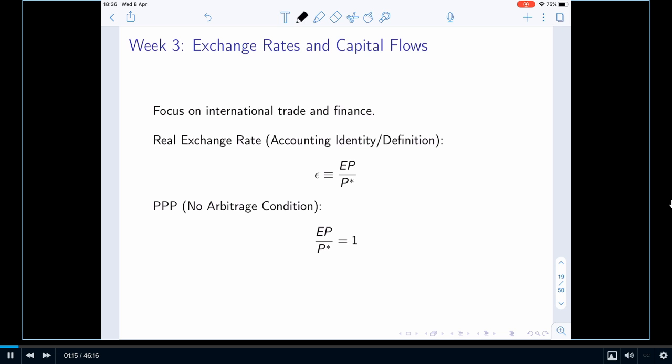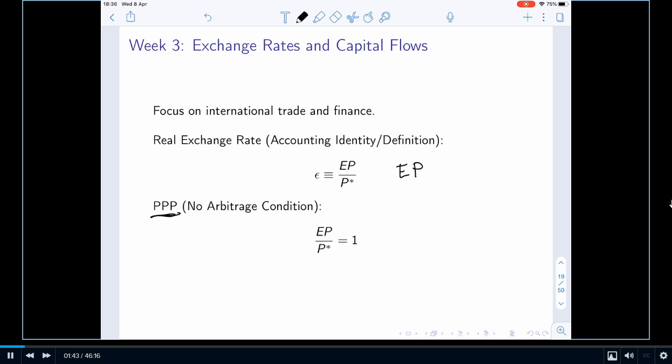What turns this into a theory of nominal exchange rate determination is if we apply this PPP condition. Suppose the law of one price holds for all goods, and we extend that to the average price level in the economy, uppercase P, so that all goods cost the same when expressed in a common unit of currency.